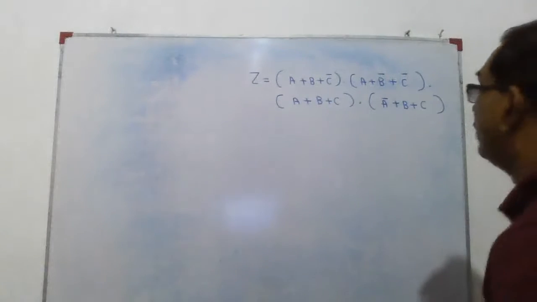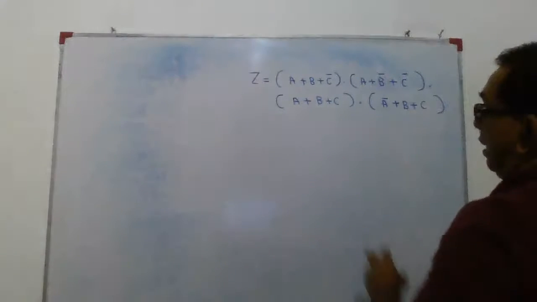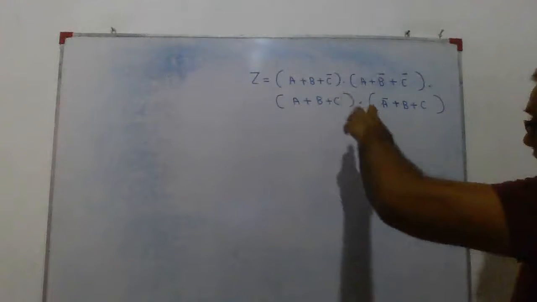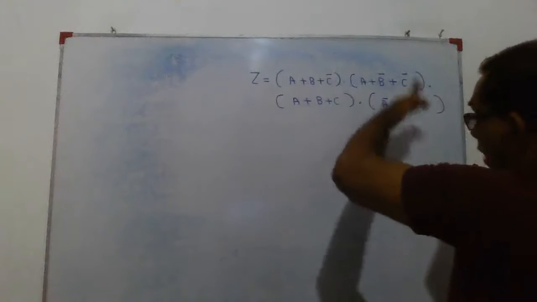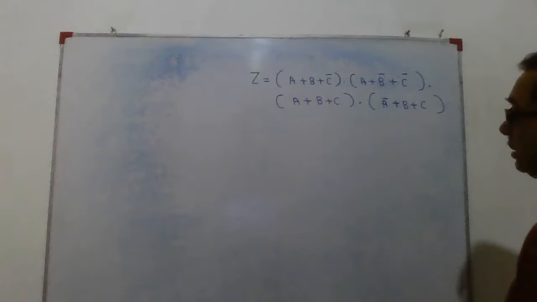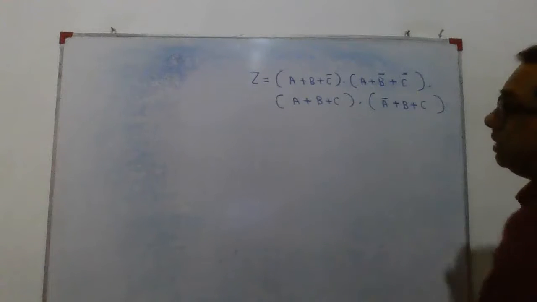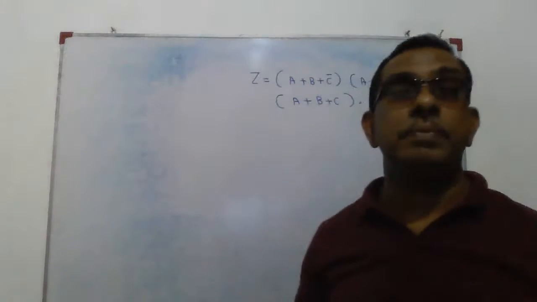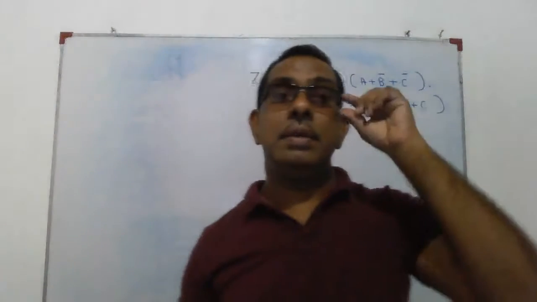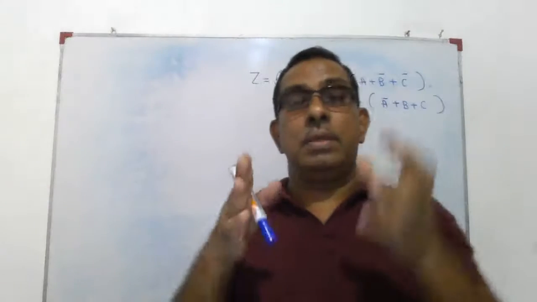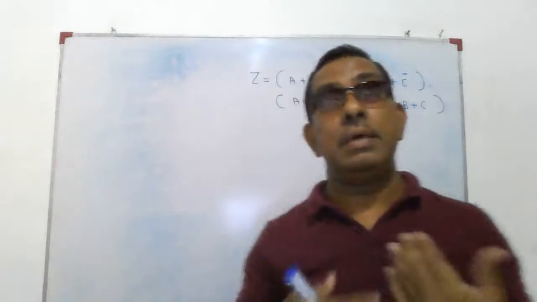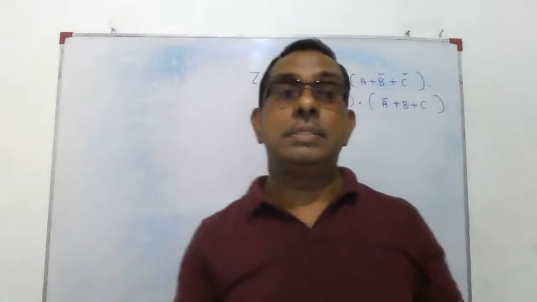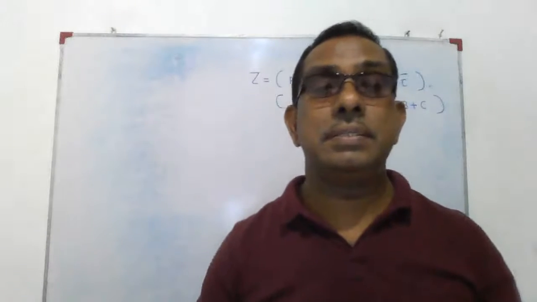Now you can understand this is a product of sum statement. This is a POS statement. Then what we can do, because we have learned how to simplify all the sum of product expressions.